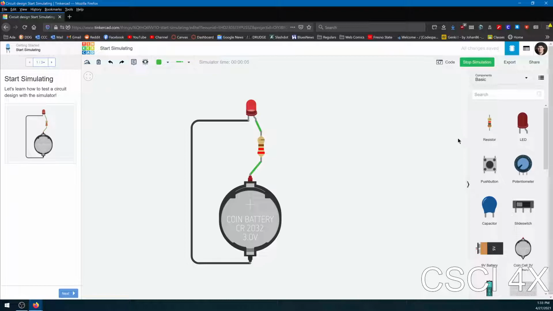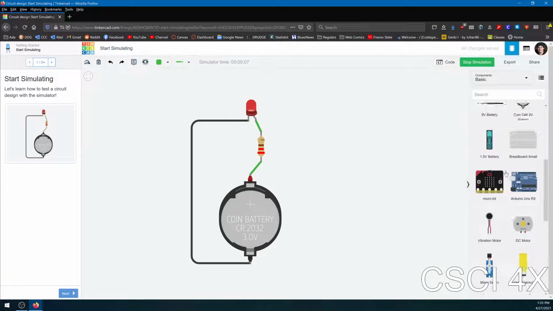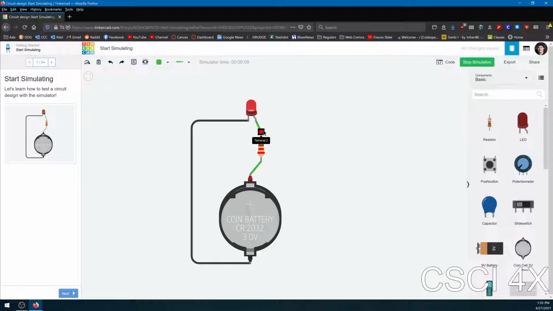I know the light turns on. Can we test? Do we have a multimeter? Can we test what the voltages are here? Can I click? No. View.